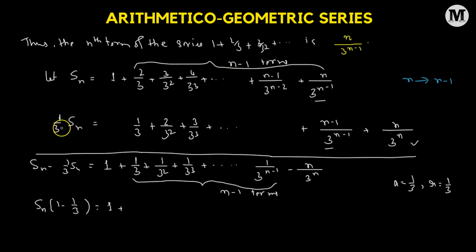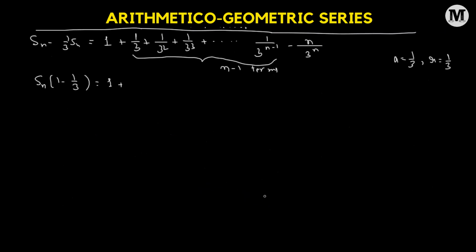Similarly, coming to 1/3 of Sn, while performing the subtraction, we considered the first term all the way up to the second last term, and here we excluded the last term. So that means here also we're going to have n minus 1 number of terms. Now, during the subtraction, we considered n minus 1 terms of Sn, and from here subtracted n minus 1 terms of 1/3 of Sn. So that's going to leave us with n minus 1 number of terms.